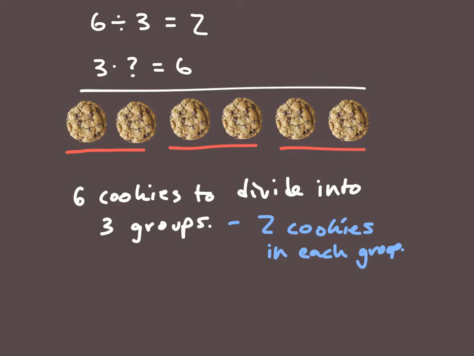So let's think about something else. Because we're talking about integers, what about positive and negative numbers? The same rules apply with the triangle. I'm going to put a negative and a positive here. So let's do 3 options: negative 6 divided by 3, 6 divided by negative 3, and then negative 6 divided by negative 3.